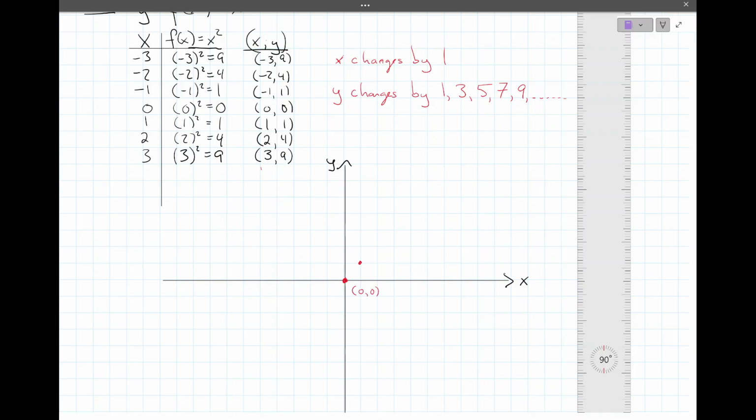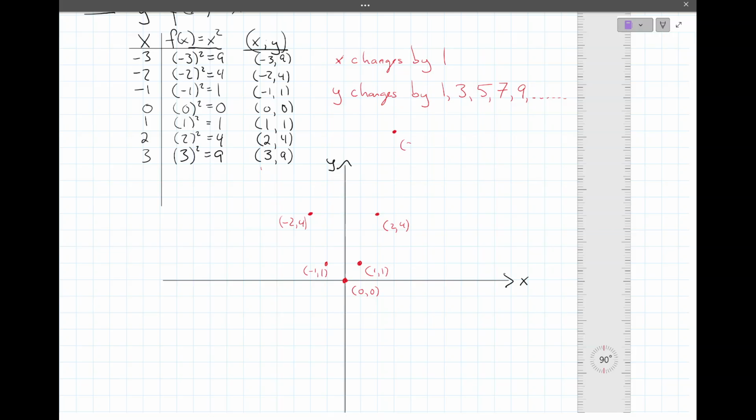Here, this is 1, 1. This is negative 1 and 1. This is 2 and 4, right? Our x value of 2, y value of 4. This is negative 2 and 4. And it would keep going to 1, 2, 3, 4, 5.